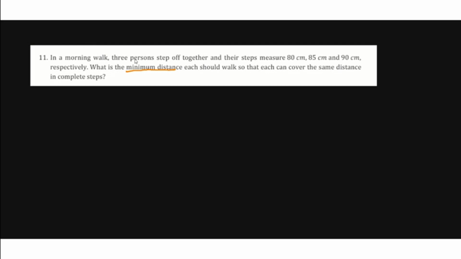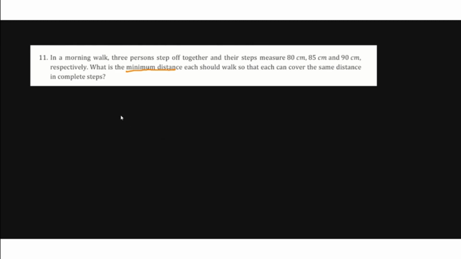In a morning walk, three persons step off together and their steps measure 80 centimeter, 85 centimeter and 90 centimeter. What is the minimum distance each should walk so that each can cover the same distance in complete steps? Now, I am going to find a minimum distance which should be common to all the three members, and it also should be the least.